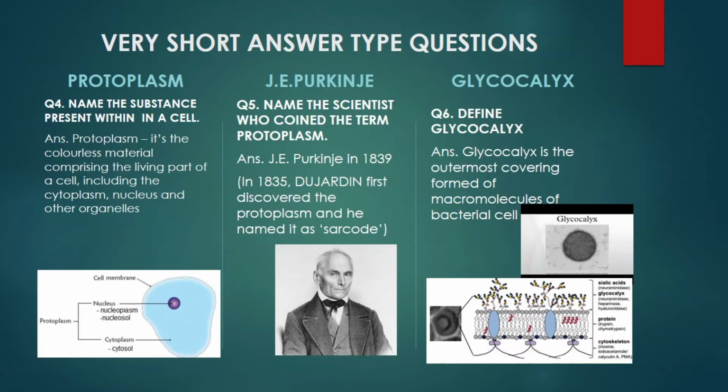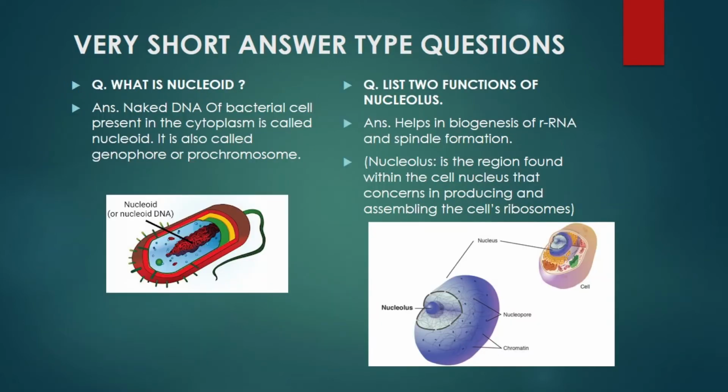So this glycocalyx is present on the outermost covering of the macromolecules of the bacterial cell, as you can see in the picture. This fluid mosaic model we discussed in the first part of the cell. So hope we are clear with the pictures.